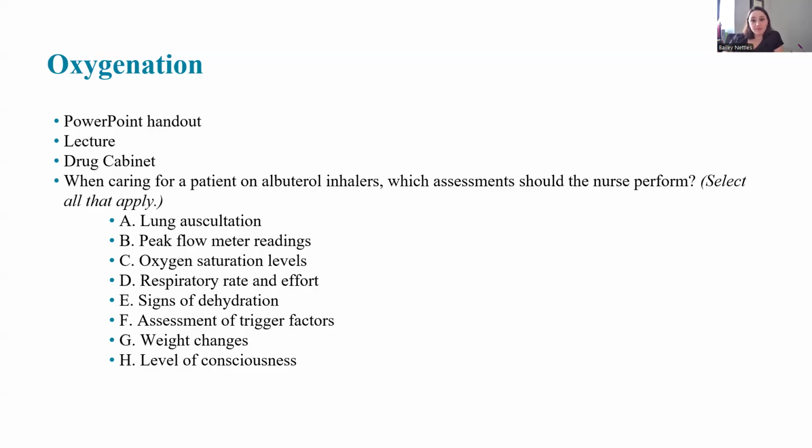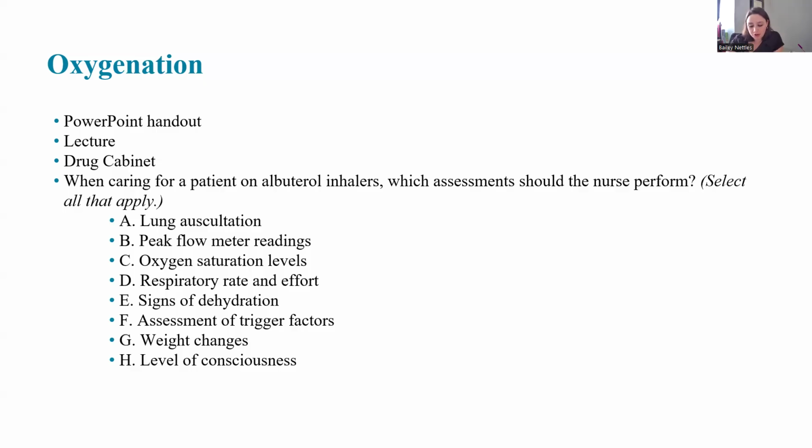Should we assess their lung auscultation? Should we listen to their lungs? I would definitely do that. Peak flow readings. Now, you may not know what that is, but that is something we monitor for someone who has asthma. That tells me how well you're actually moving air. We use that for someone who's got chronic asthma.